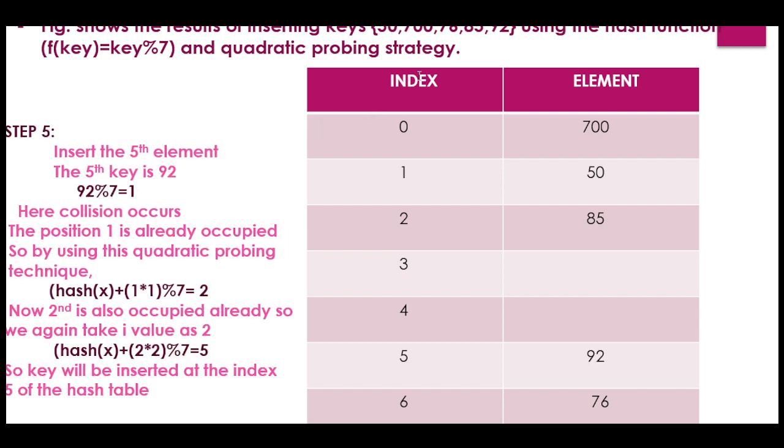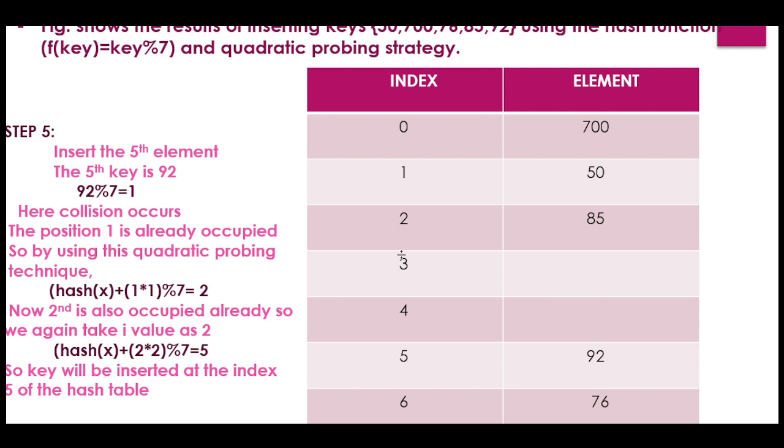Insert the fifth element. We have the fifth element as 92. 92 mod 7 is 1. In index 1 there is already 50. So here also collision occurs. The position 1 is already occupied. So by using the quadratic probing technique, that is the formula hash of x plus 1 into 1 mod 7 is 2.